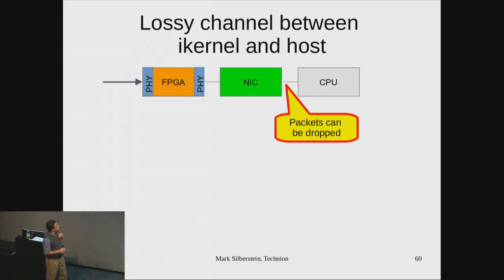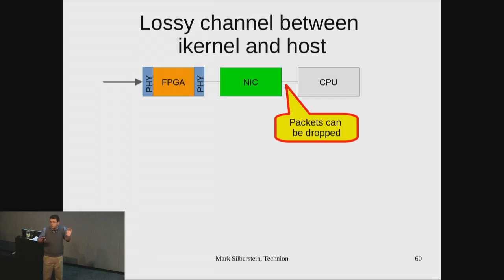And then there is a NIC, and then there is a CPU. And what happens on the way from here to here is basically lossy Ethernet, right? There's nothing special about this interface for the NetFPGA, for the iNIC kind of infrastructure, for the bump in the wire. And what it really means is that packets can be dropped.